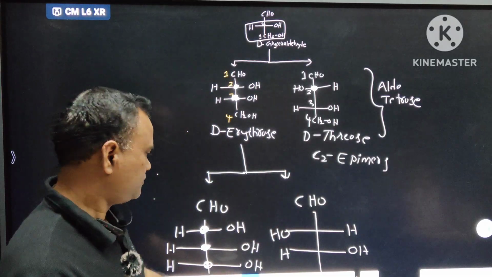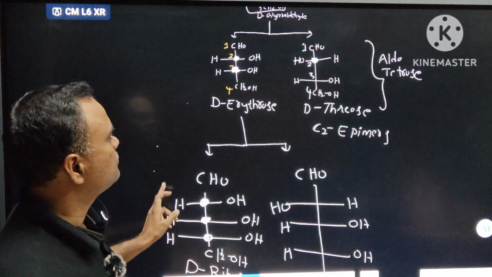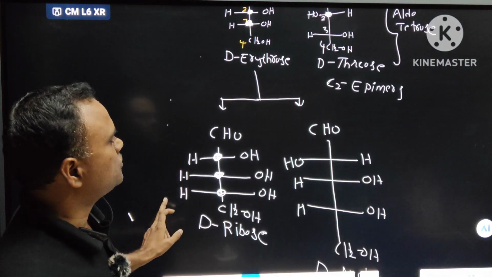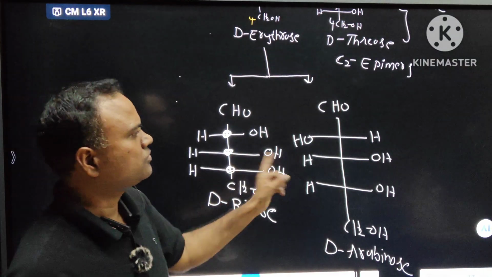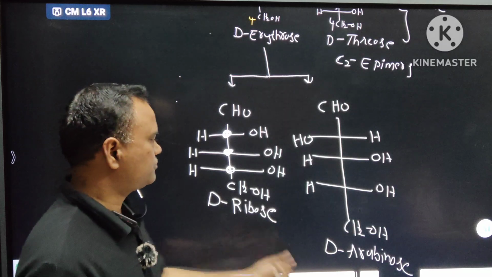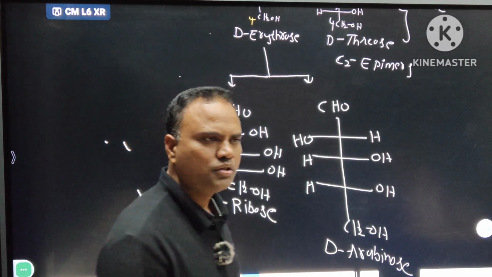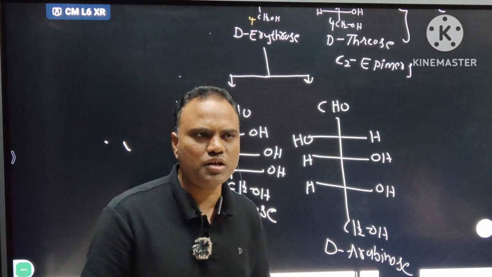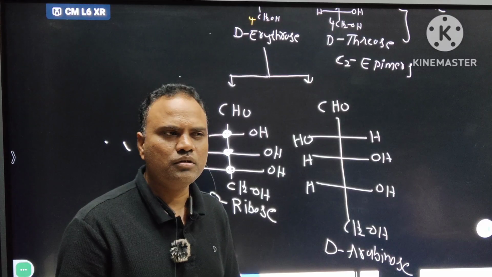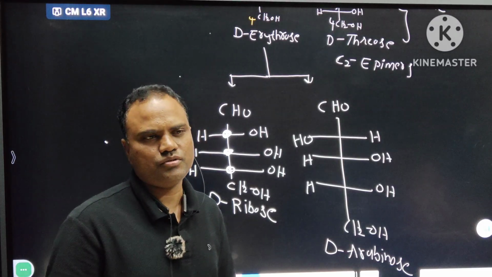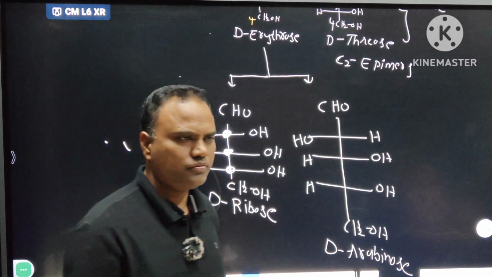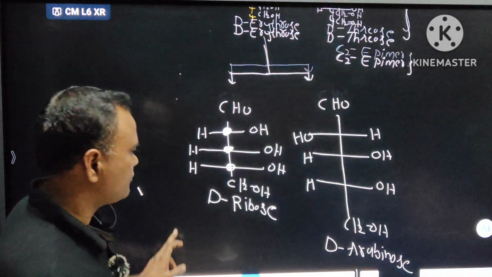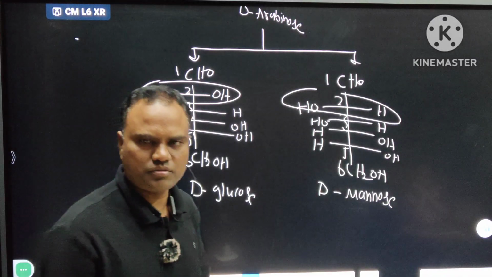Next. From D-erythrose, D-ribose and D-arabinose. Ribose and arabinose are aldopentoses. How many carbons are present? 5 carbons. D-glucose and D-mannose.